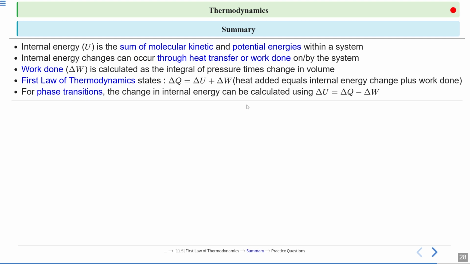For phase transitions, the change in internal energy can be calculated using the first law of thermodynamics. So delta U is equal to delta Q minus delta W. This is a very important concept.